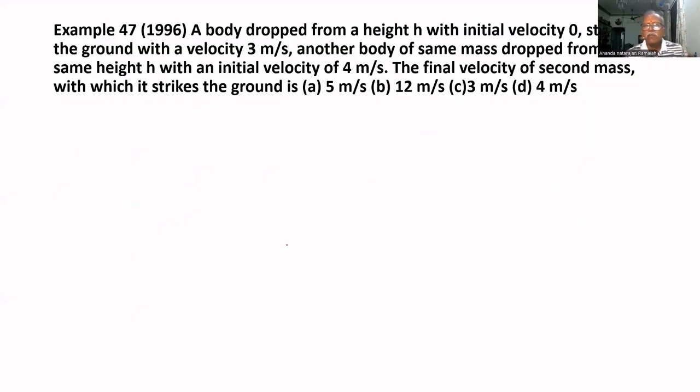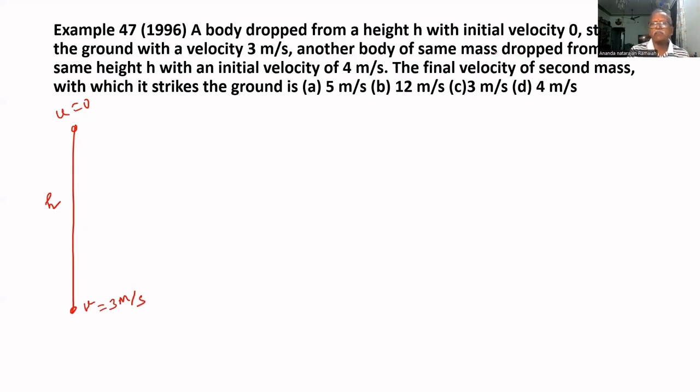A body dropped from height h. A body is dropped from a height h with the initial velocity 0 and strikes the ground with a velocity 3 meter per second. V equal to 3 meter per second.